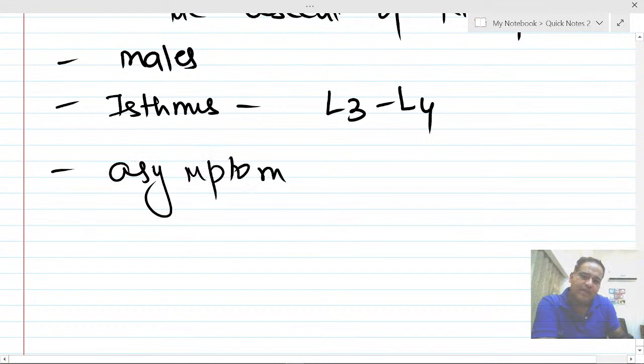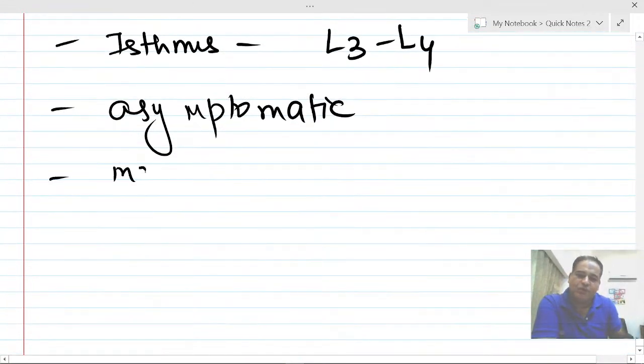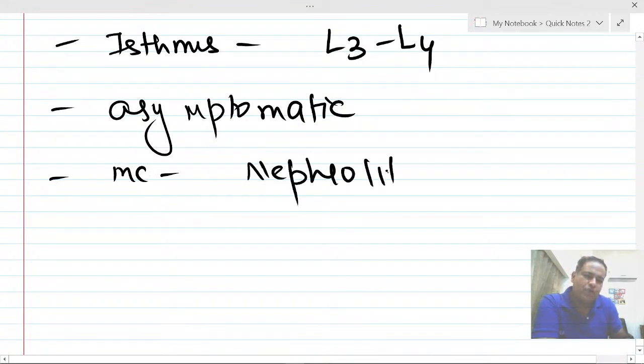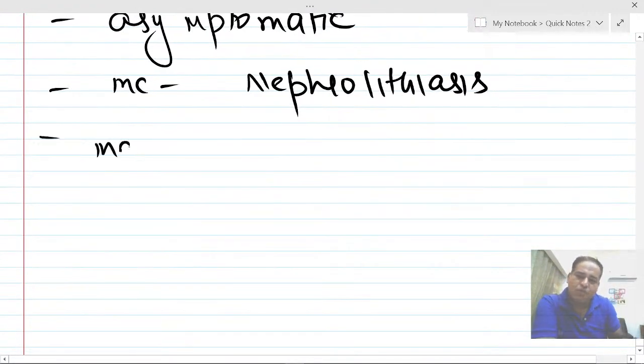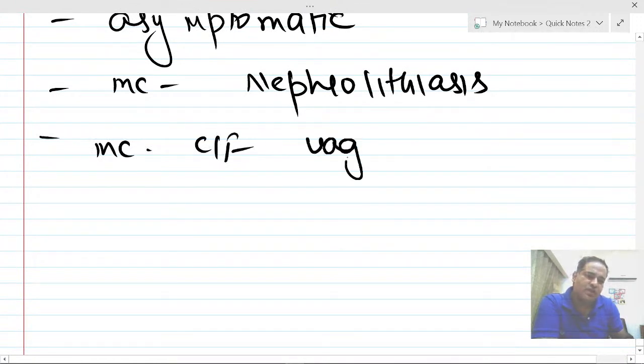Most of the time, the condition is asymptomatic. The most common complication is nephrolithiasis. The most common presenting clinical feature is vague abdominal pain.